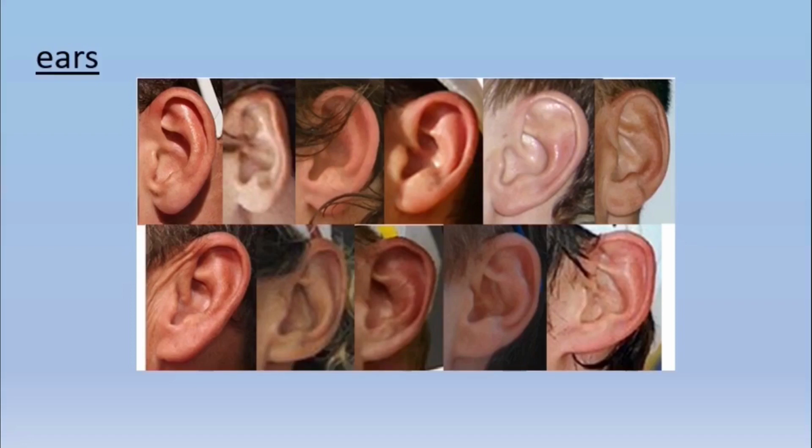Or, her ears are small. Again, we would describe the size, shape, and then any colors. Shape, sometimes the ear will be round, sometimes they will be pointed, sometimes they will be flat, sometimes they will be cauliflowered, which means they're swollen.